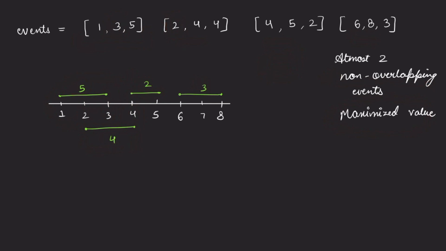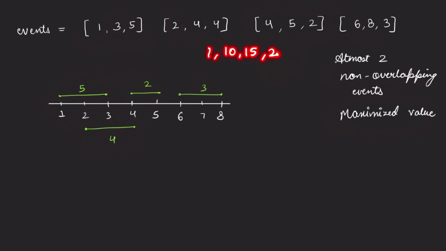So what can we do? For every event that we are considering, we will compare it with the elements that have already been considered, meaning those which started before this particular event. Suppose my start times are 1, 10, 15, 2.